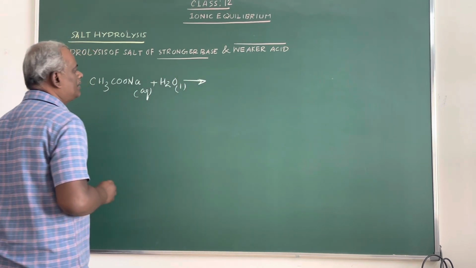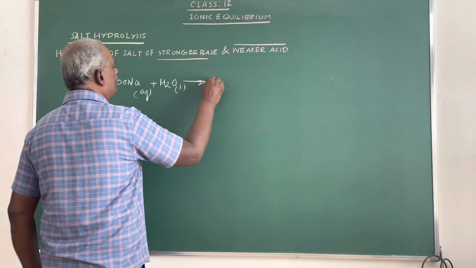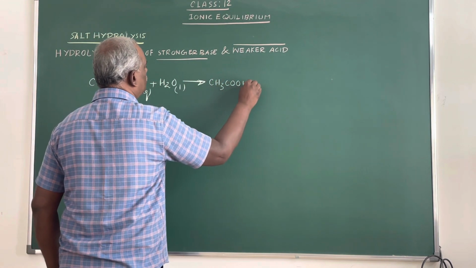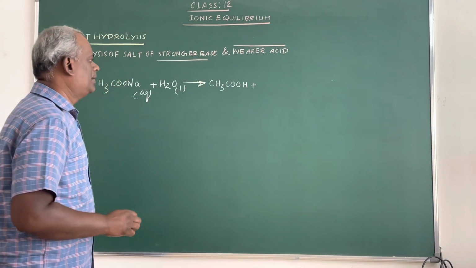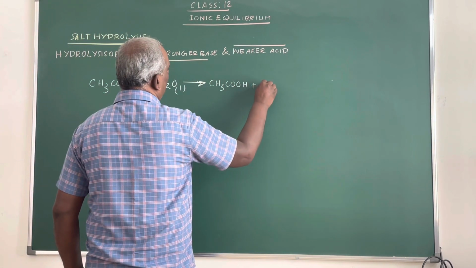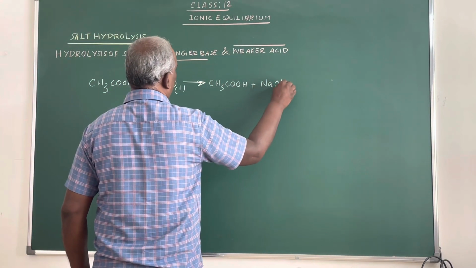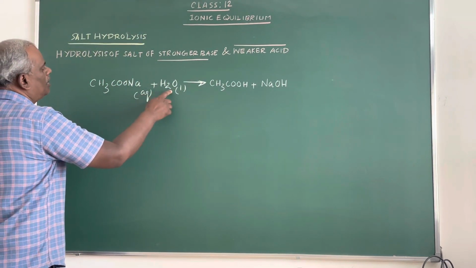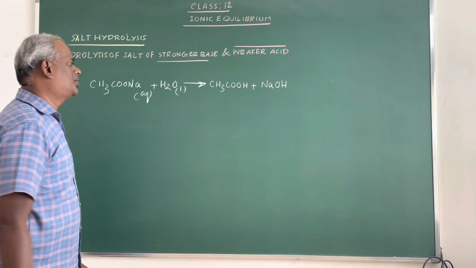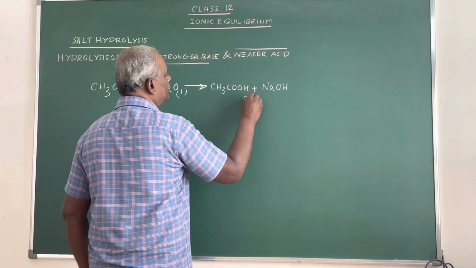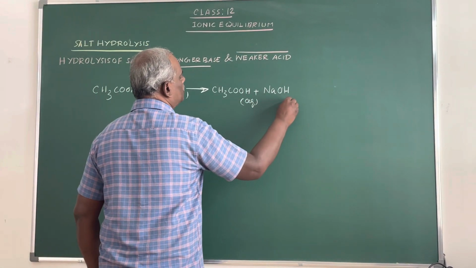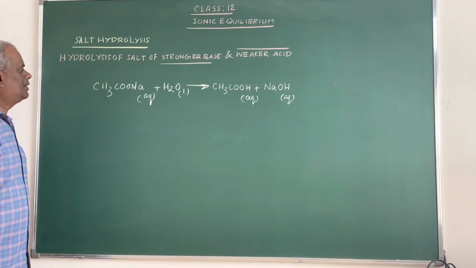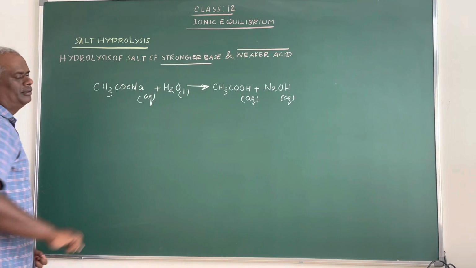During its hydrolysis, we will be getting the following products: CH3COOH plus NaOH. Na is combining with the OH to form NaOH. So this is acetic acid, and the other one is sodium hydroxide. Yes, the hydrolysis is over.